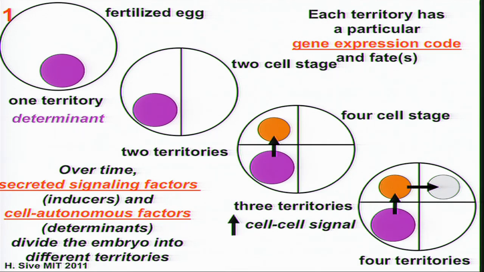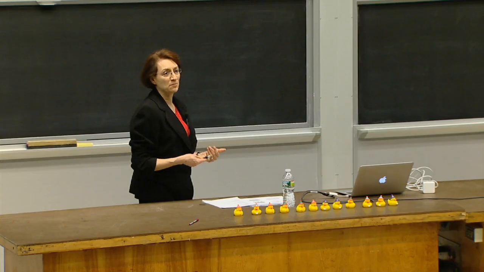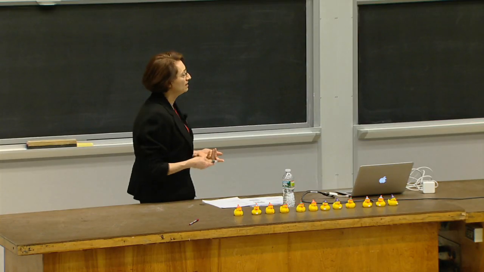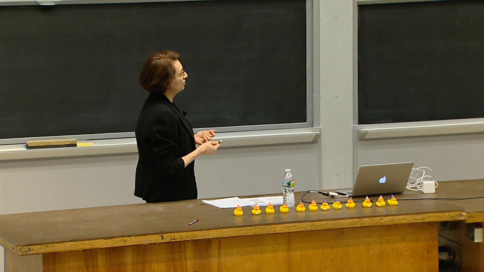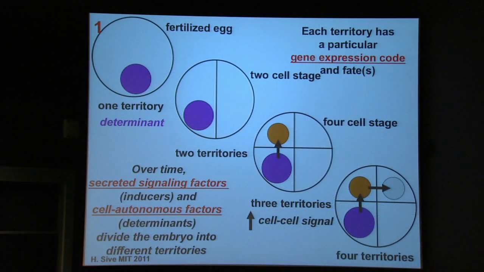So the brown cell starts signaling to the cell next door. And as cell division proceeds, you now get a gray cell. And this is a theoretical but a real demonstration of how the embryo becomes different over time, starting with an initial asymmetry that is then built upon due to segregation of localized factors and also due to cell-cell signaling.